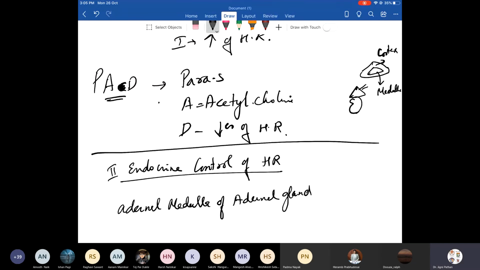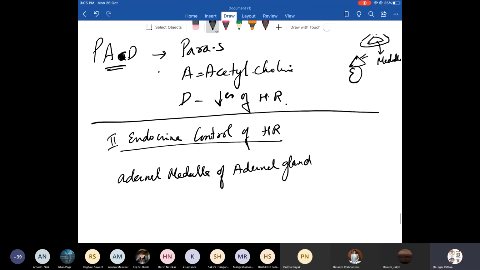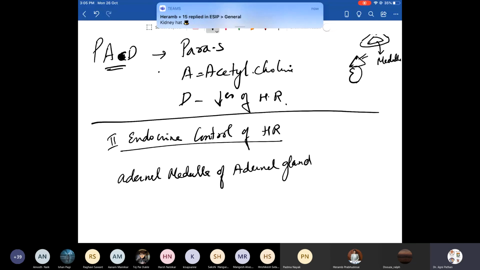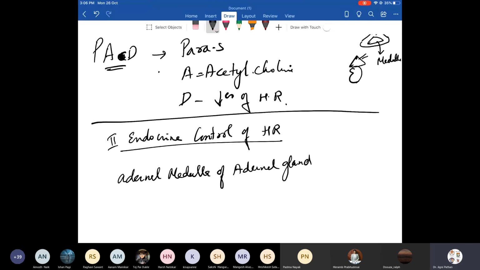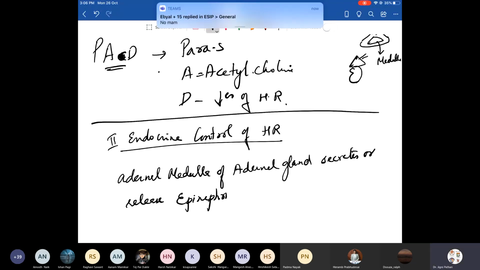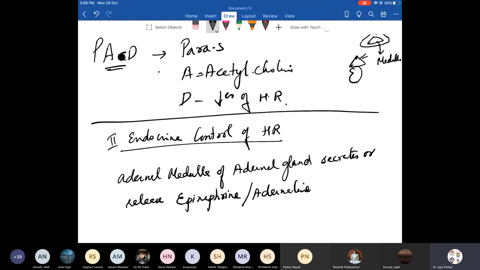Hormones also play a role in heart rate. We have discussed both hormones and the nervous system. Now we have discussed the nerves; we need to discuss the adrenal gland. The adrenal medulla of the adrenal glands secretes or releases epinephrine. Epinephrine, also called adrenaline.